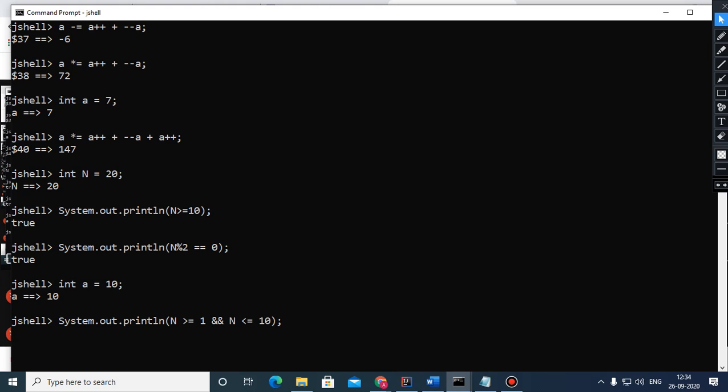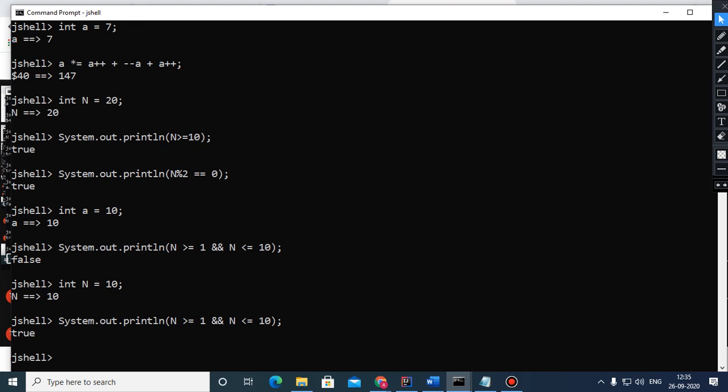The value of a is 10. I have written a there, but I am using n, so that's why the answer is not true. If I am using n, in that case it will be true. So I hope you people have understood. Understood?